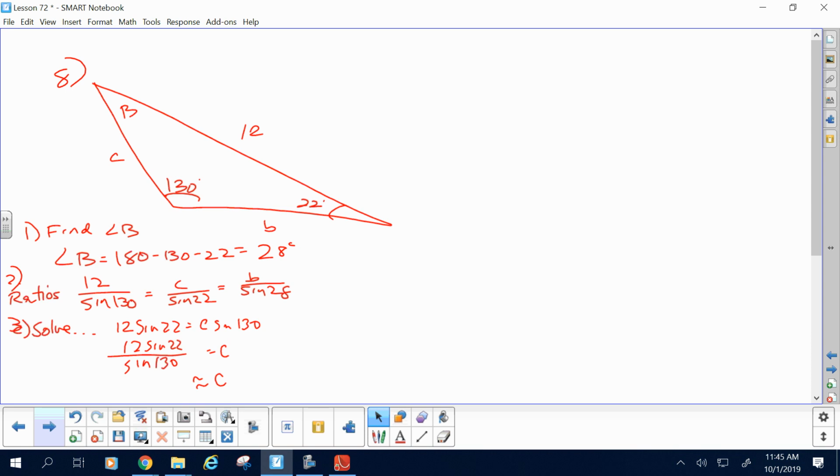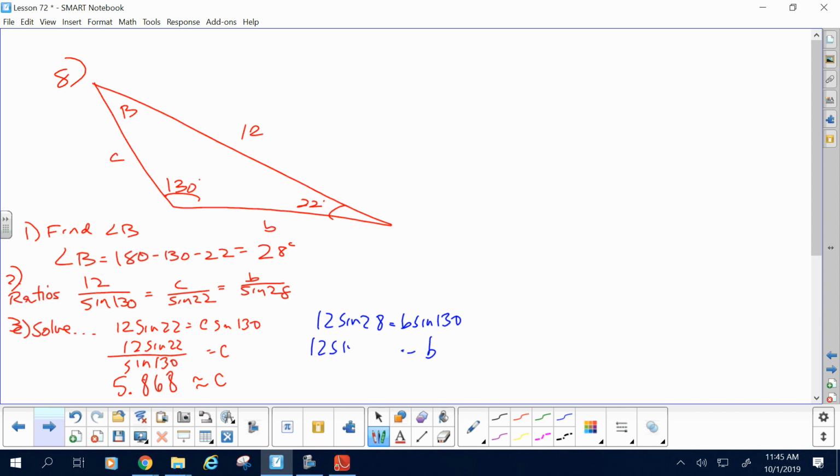All right, checking your work for 8. What'd you get for C? 5.868-ish? Okay. And I haven't done B yet, but I imagine it'd be something like 12 sine 28 over sine of 130.